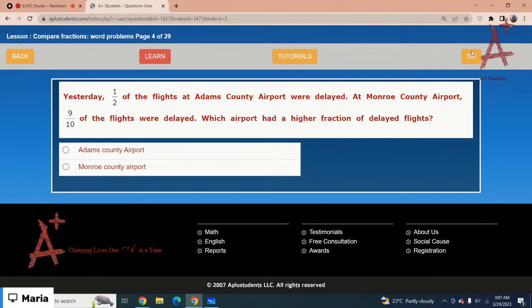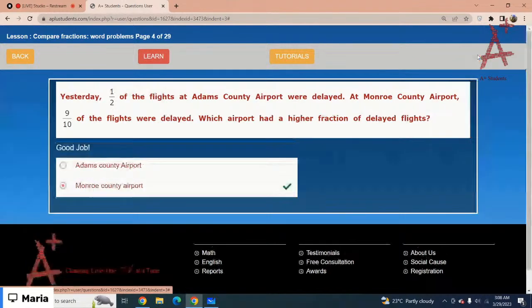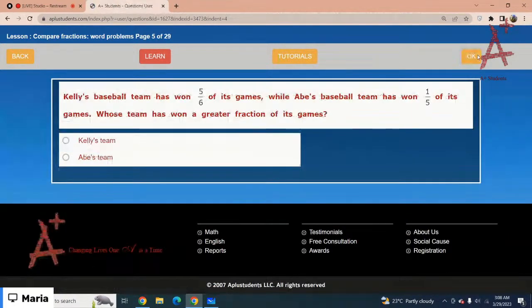And 9 out of 10 flights means 90% of the flights. So which airport had a higher fraction of delayed flights? The Monroe Country Airport. Yes, the second option is the correct option. Just select the correct option and click on the OK button.